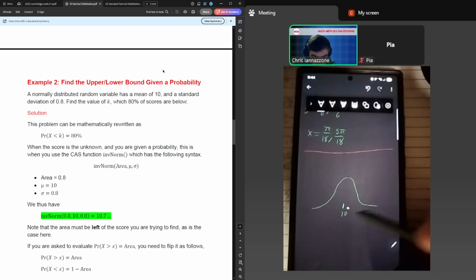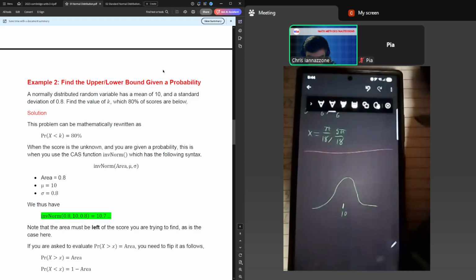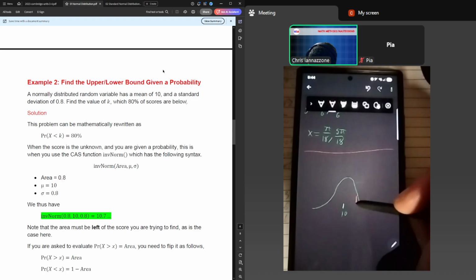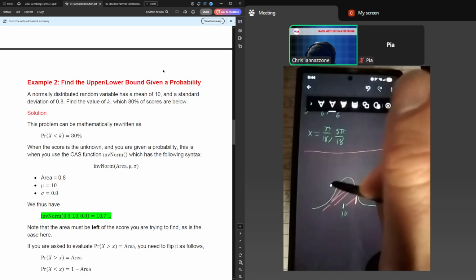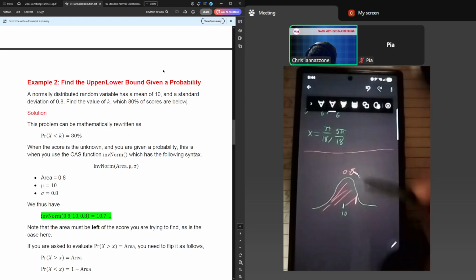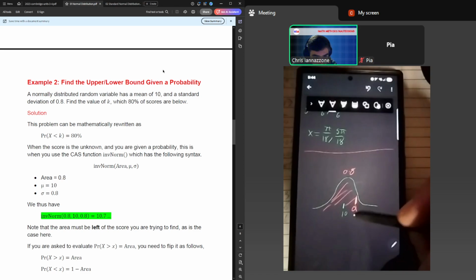Standard deviations, you could plot them out, but it doesn't really help a whole lot. And then to represent 80% of scores being below, you'd basically draw what you assume to be roughly 80% of the area. So there's the 0.8. And so what it means is if 80% of scores are below this value, then we want this value here.